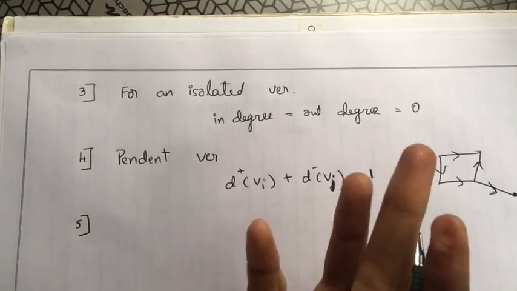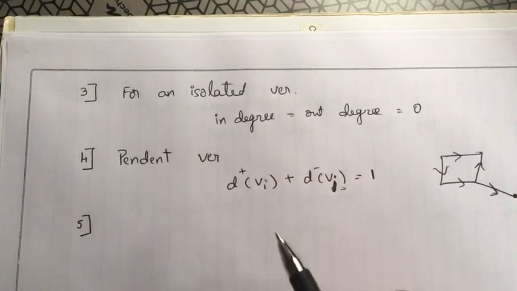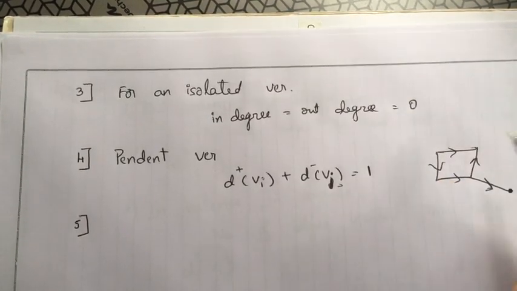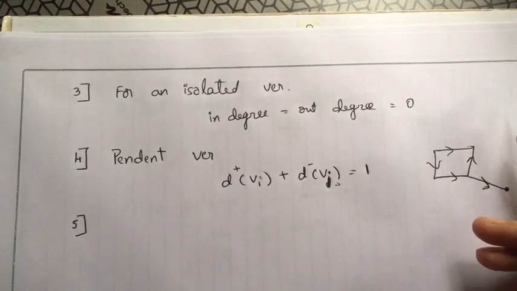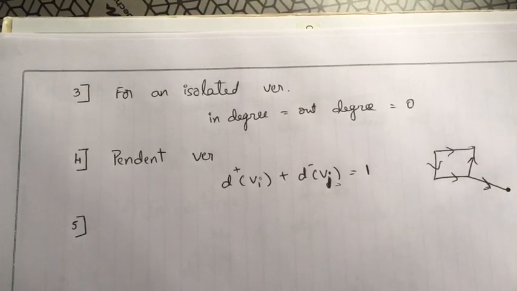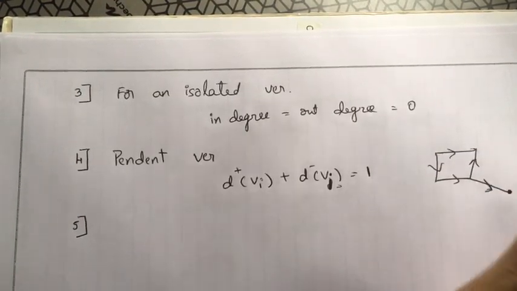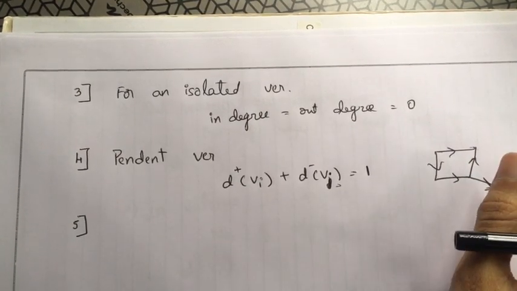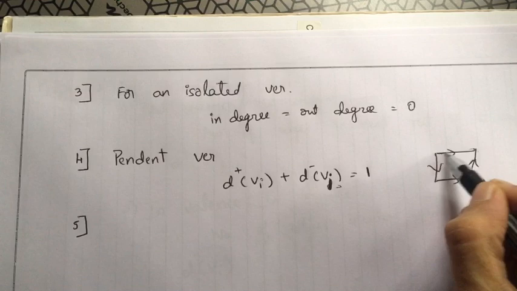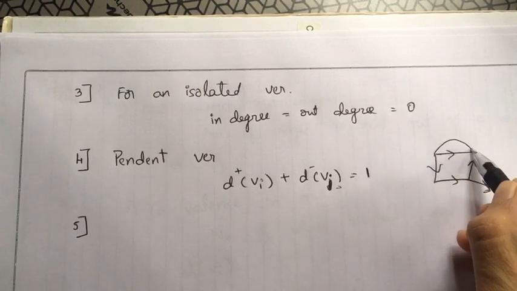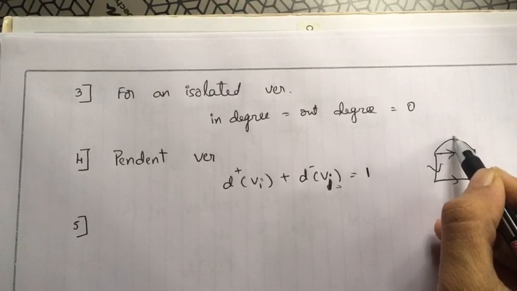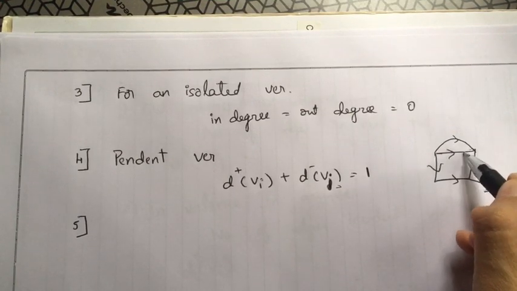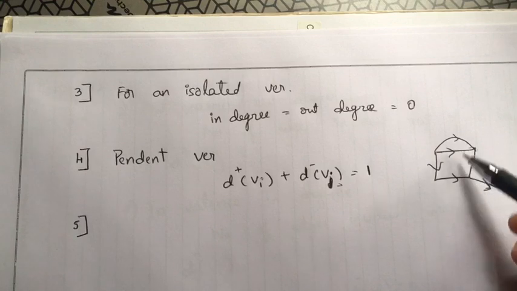Then what happens to the parallel edges? When can I say that my directed graph has a parallel edge? Two edges are said to be parallel if they are mapped onto the same set of vertices and their directions are the same. Meaning if I have an edge over here, and this has the same direction, then only I can say that these two are parallel.